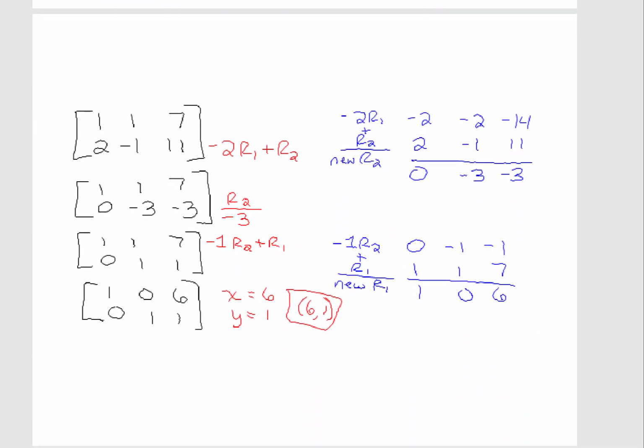Okay, so that's the work I was showing you before, how we would do this by hand to try to get down to this. Because look, if I did all of these augmentations, then I would end up with 1x equals 6 and 1y equals 1. And that was our solution before, right?